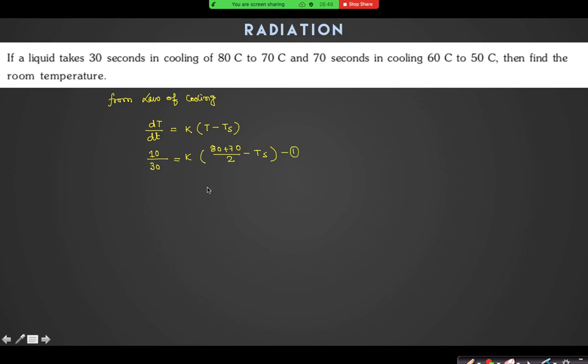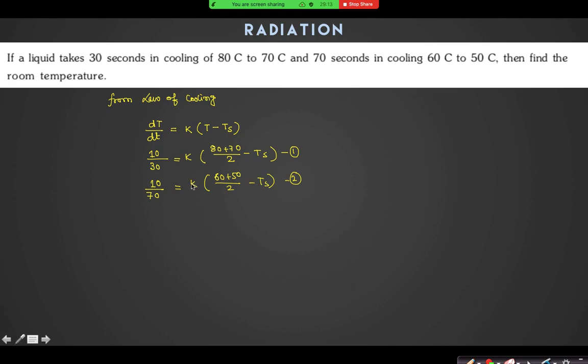That is equation one. In equation two, again the temperature changes by 10 degrees, but this time the time needed is 70 seconds. Same constant, and it is now 60 plus 50 divided by 2 minus Ts. From these two equations, I can directly find Ts.